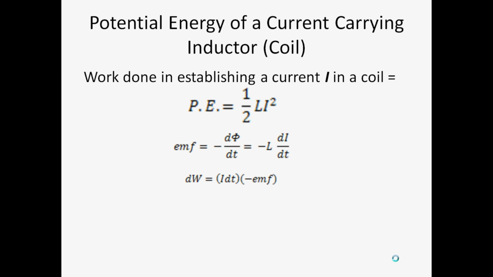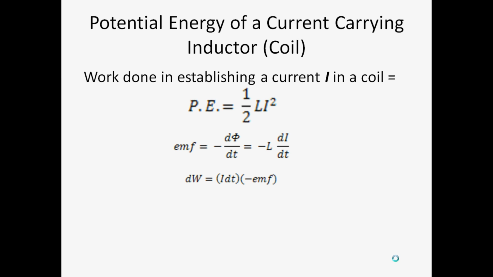Now the small amount of work done dW in establishing a current I in the time interval between t and t plus dt is equal to I dt times minus EMF. The negative sign simply indicates that the work done is against the induced EMF and not by the induced EMF.